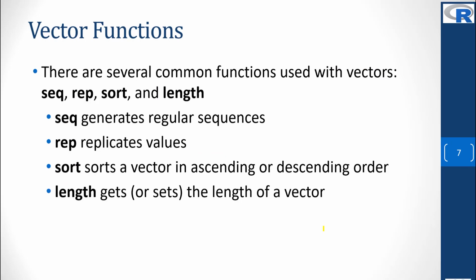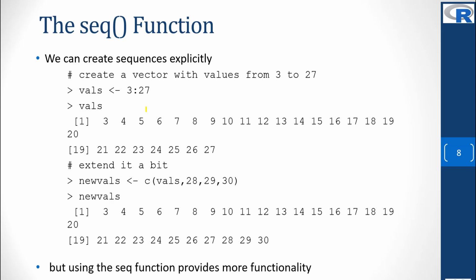So let's dig into these functions in a little more detail. We'll look at the sequence function first, the seq function. We've seen that we can use the colon operator with a couple values like this to generate a vector with the range covering all the intermediate values between the first starting value and the ending value, inclusive of those values.